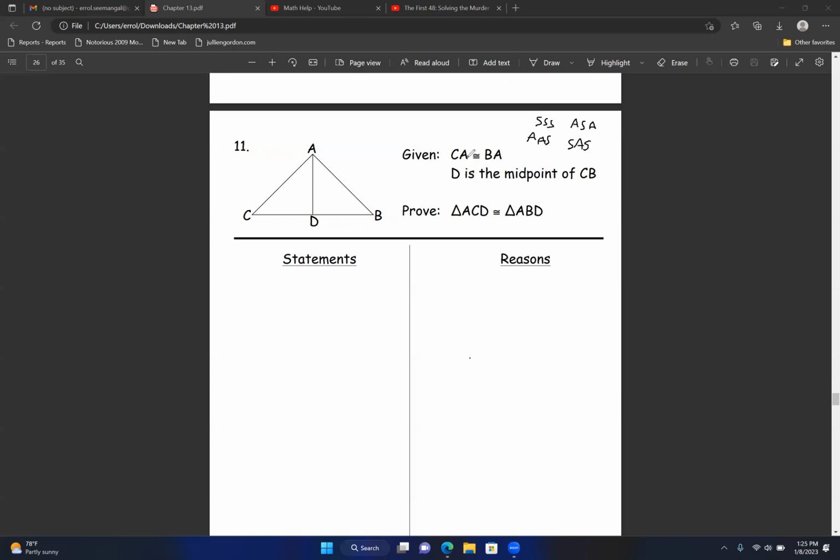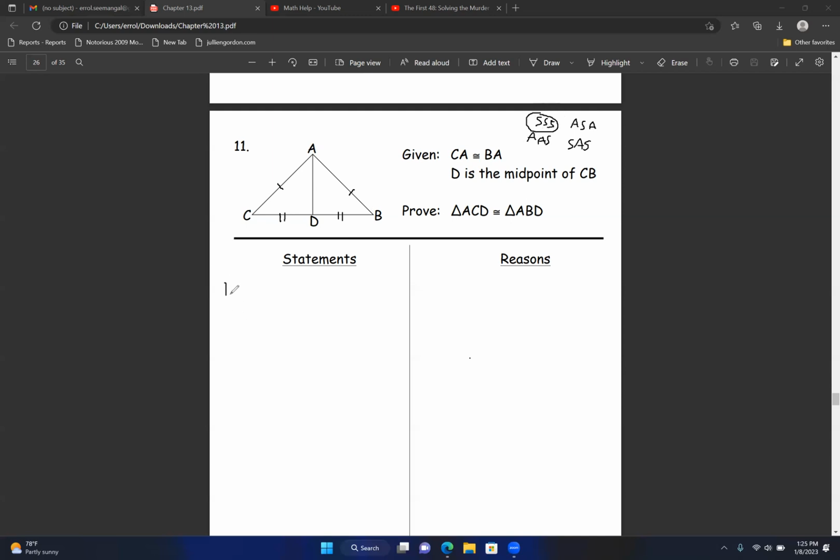We know that CA is the same as BA. D is the midpoint of CB, so that means these two are the same. So which one do you think it'll be? Side, side, side. Exactly. That one right there.